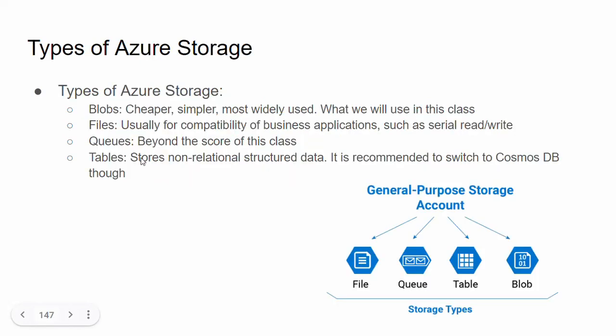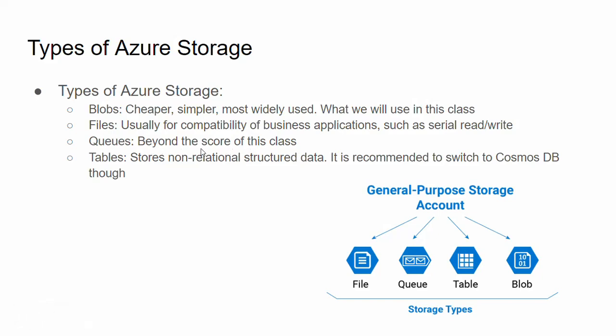Inside storage, there are many different ways of storing information. Currently there are four types of storage: blob, file, queue, and table. Let me talk about queue and table first because these two are much less utilized. Queue is basically a message queue. It's like storing some information that you expect someone will take away.